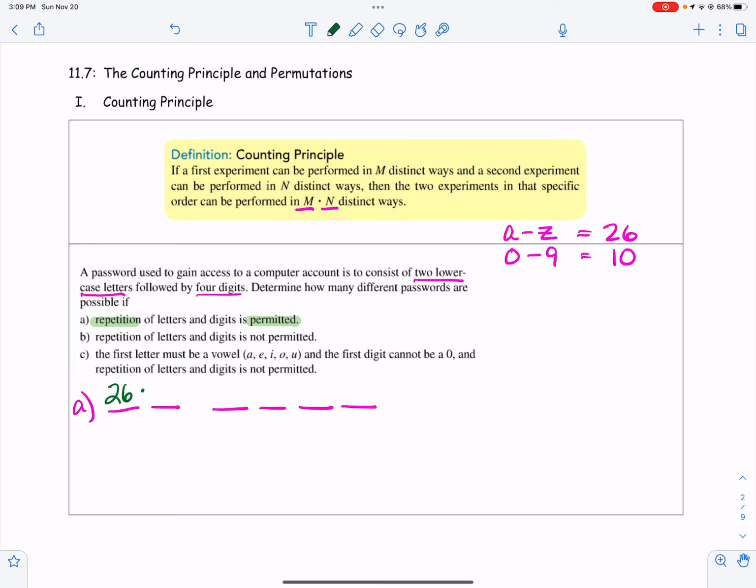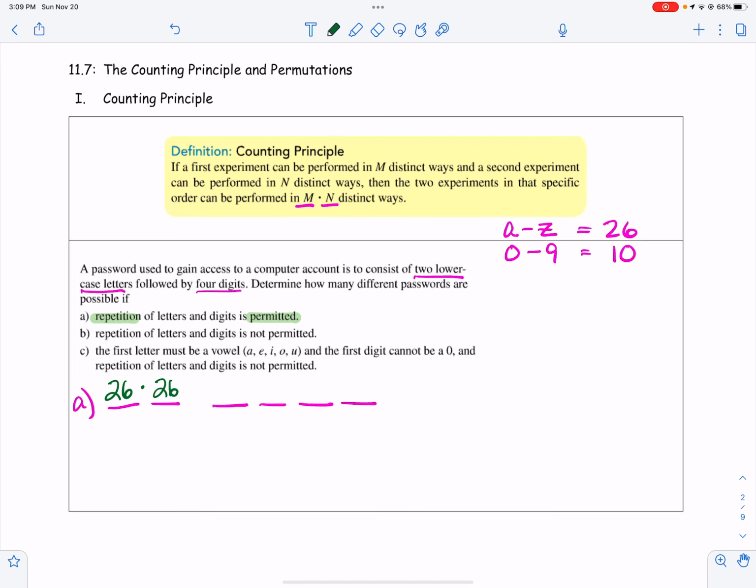We pull out a B and we put it back in the bag, and we have 26 choices for the second letter. Then we go to the digits, and for each one of these digits, we have 10 possible choices. So these numbers are going to be very large because we've got 26 to the second power times 10 to the fourth power, which just means that our number is going to have 4 zeros following it.